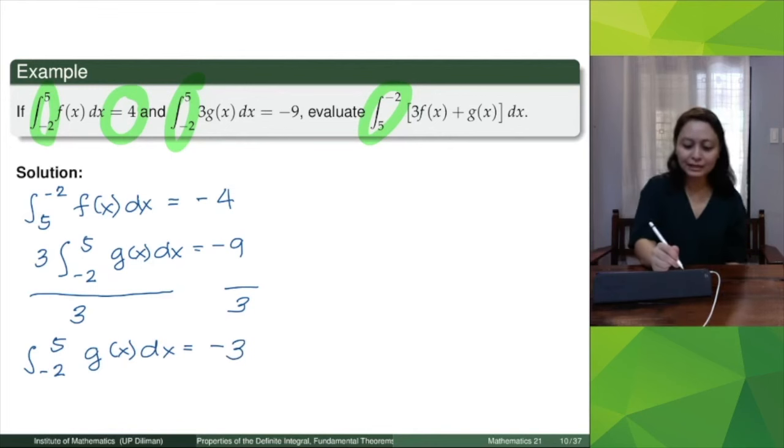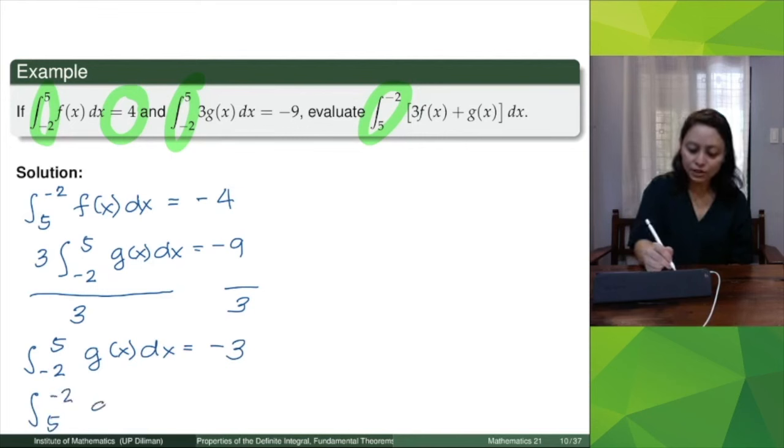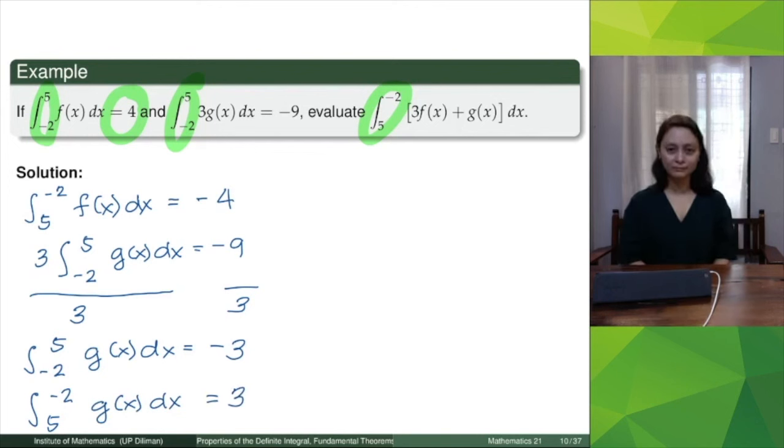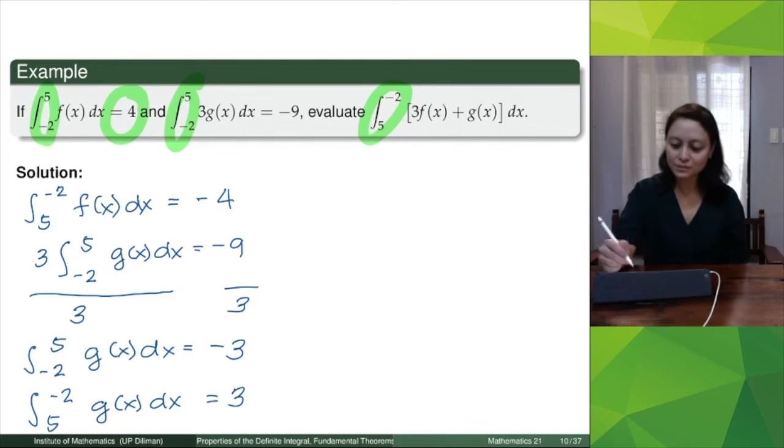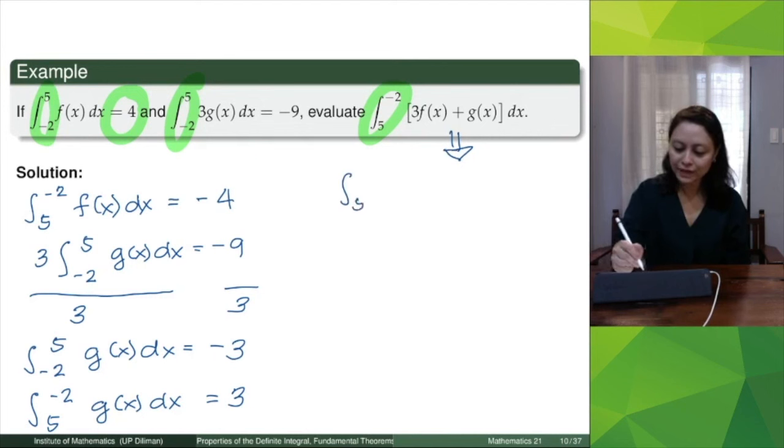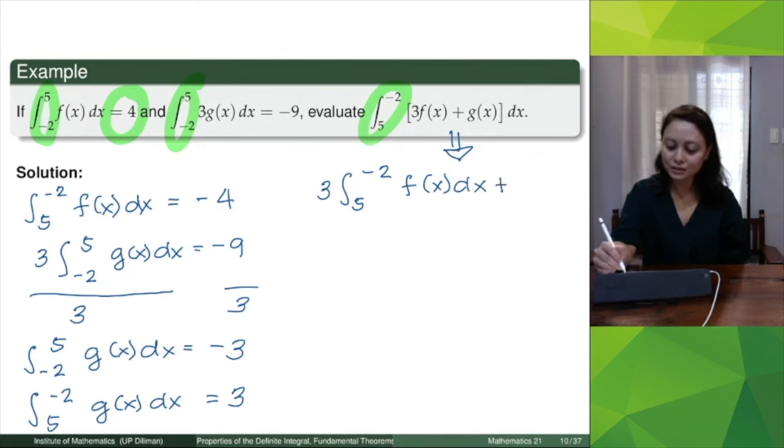And then, we want the integral from 5 to negative 2 of g of x dx. So again, we negate negative 3. This is equal to positive 3. Okay, so are we ready now to substitute to this expression? Okay, so the integral from 5 to negative 2, we can take out the 3. Then, let's separate f of x and g of x.